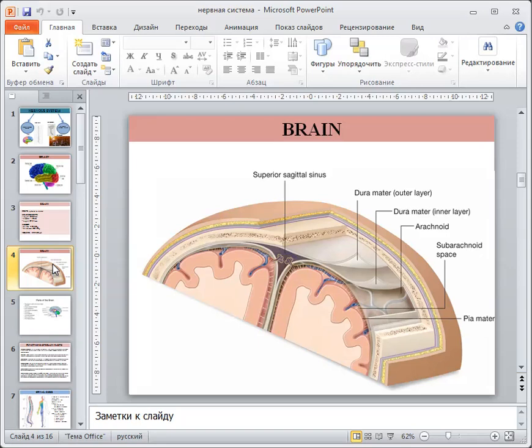Between the hard shell and the arachnoid shell, there is the subdural space, which is full of serous fluid. In this shell, we observe the highest concentration of pain receptors, while pain receptors are absent in the brain itself.